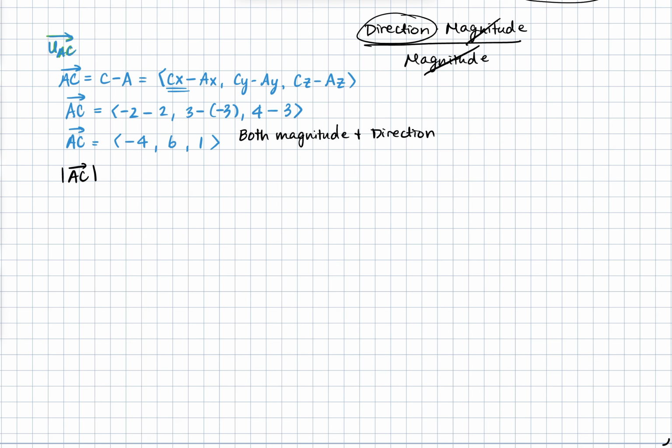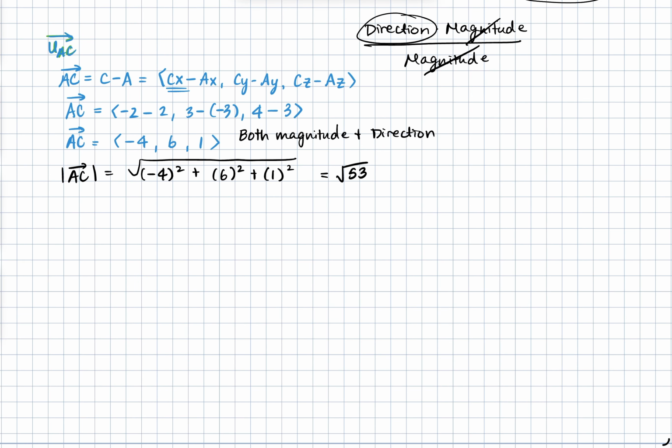So the magnitude of AC is going to be -4 squared plus 6 squared plus 1 squared, all square rooted. So if I calculate this, I'm going to get that the magnitude of AC is going to be root 53.